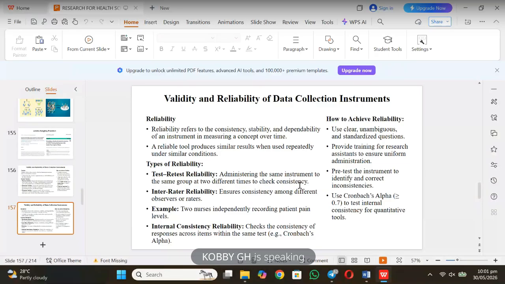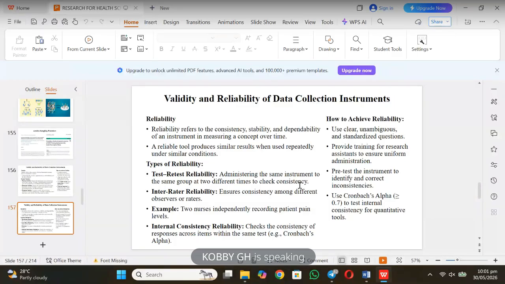Now, there is another one, external validity. Go and check about that one too. That one has got to do with the ability of you to generalize your results to a larger population after a research. That is about external validity.